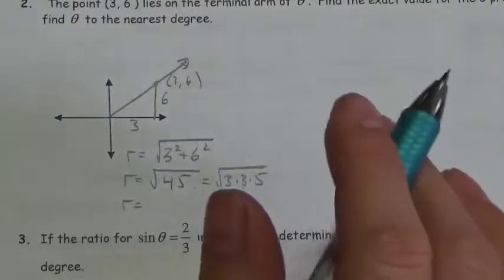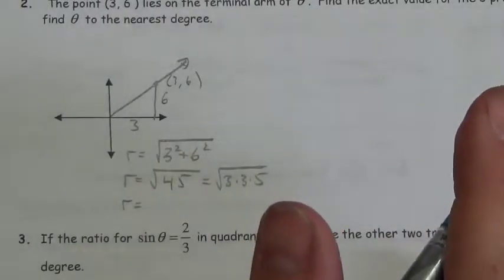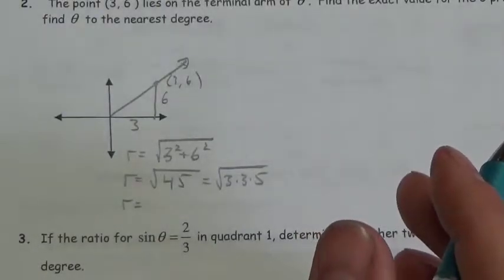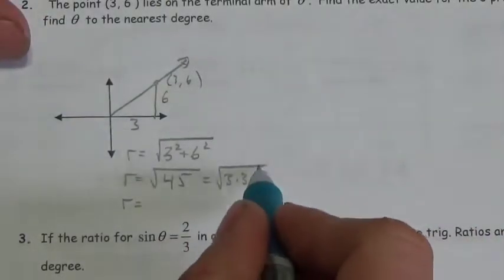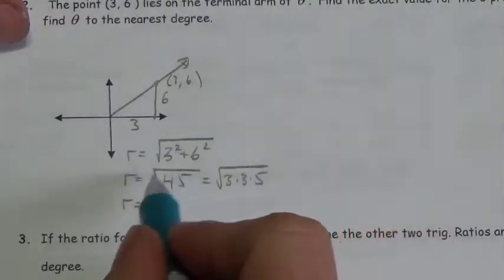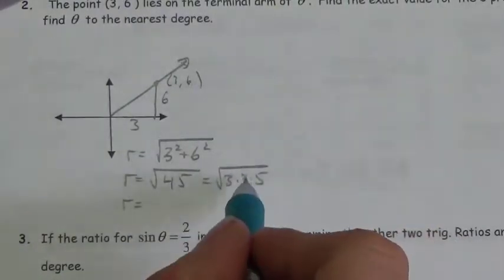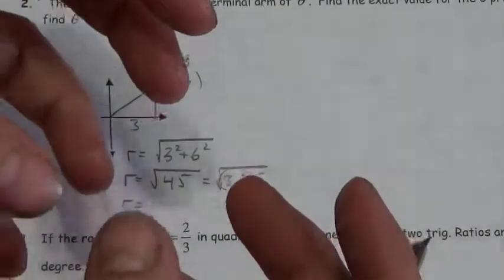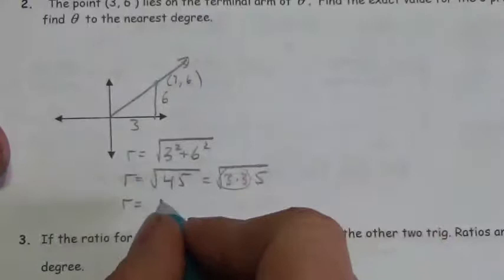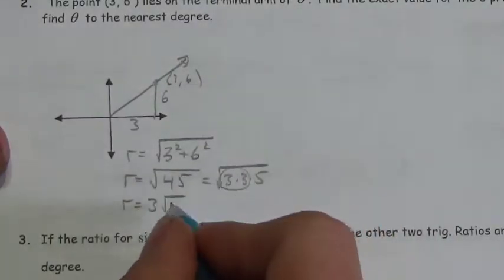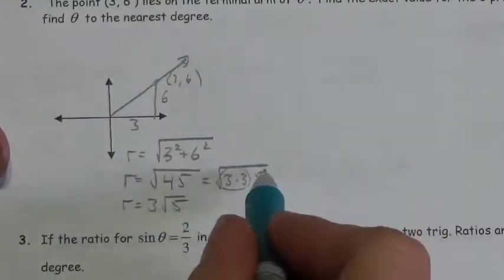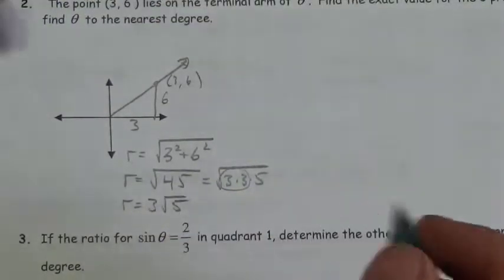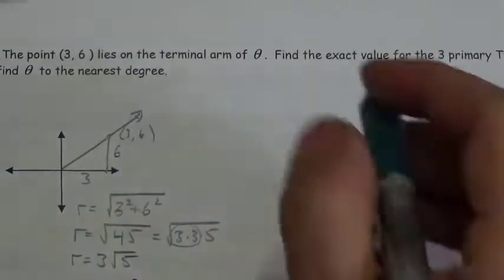I know there are other methods, there are shortcut methods for doing this, but it really depends on your comfort level with perfect squares, perfect cubes, and all that stuff here. But I think everybody here, with a little bit of determination, can always break down a number into its prime factors. There's a pair of 3's in there, and what a square root does is it takes pairs of factors inside and spits out a single. So then the square root of 45 will reduce down to 3 root 5. A single 3 comes up. There's nothing I can do with the 5 there. It stays there.